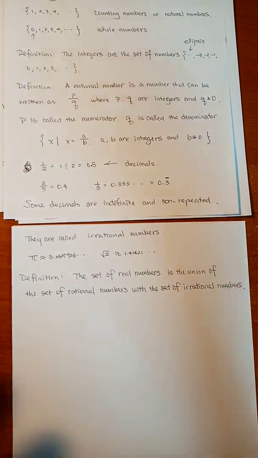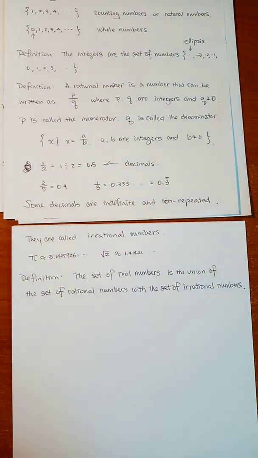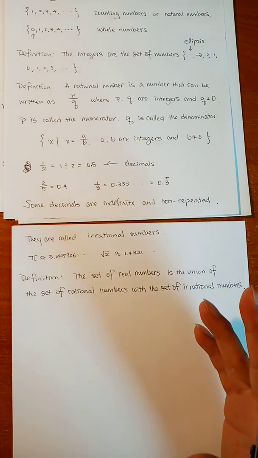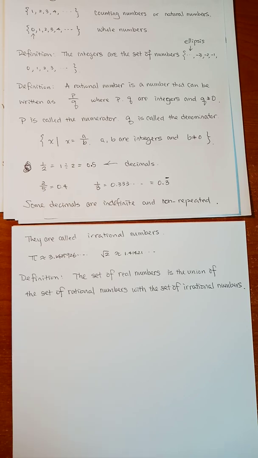So you put the rational and irrational together, and that's called the real numbers.